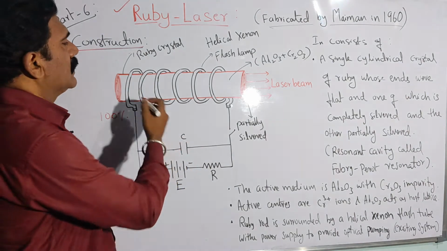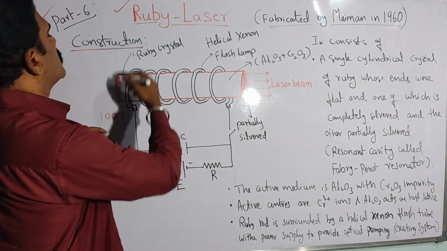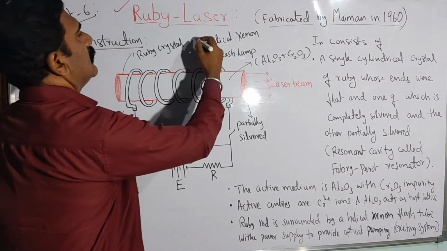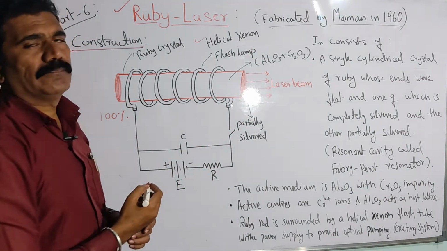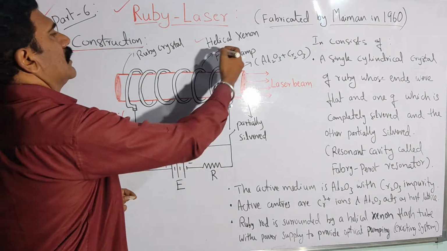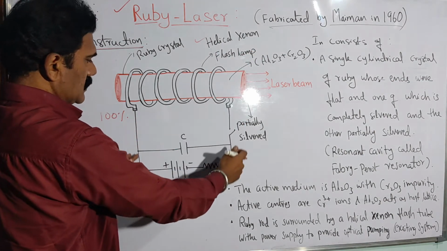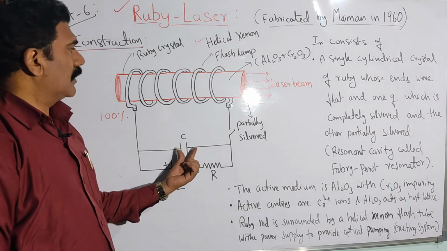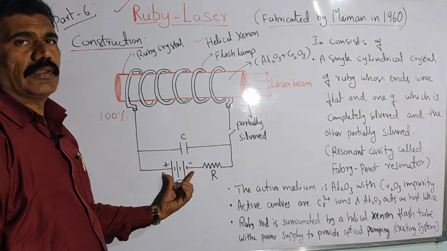The ruby crystal is surrounded by a flash lamp, called a helical xenon flash lamp. It is connected to a circuit with a capacitor parallel to the battery, and a resistor to control the current.